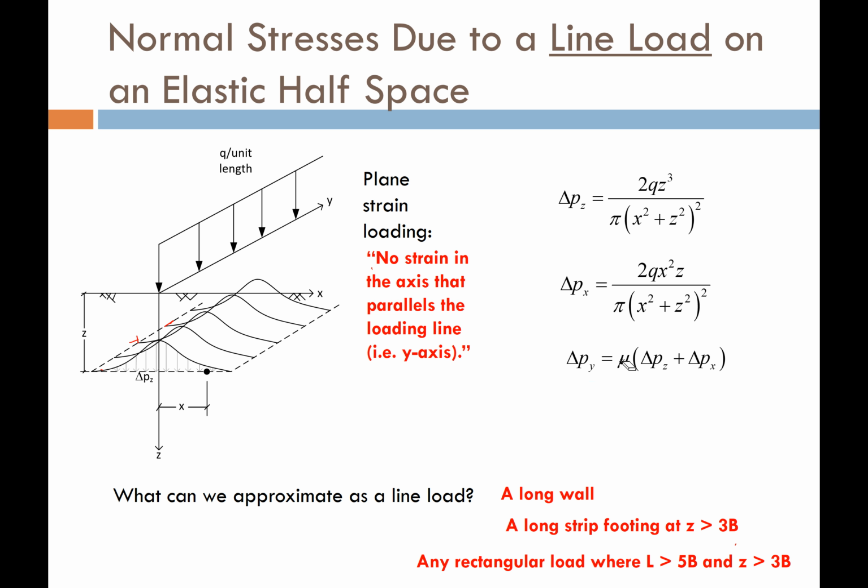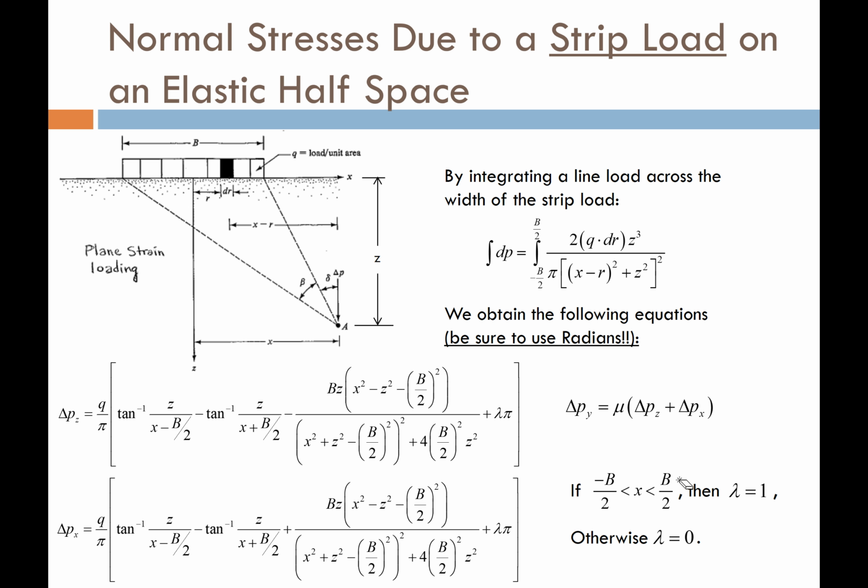But what if I have a load that doesn't meet any of these assumptions here? And it doesn't meet the assumptions of a point load. Well, then we got a problem. Not really, but it just is going to make our solution more complicated, because now we're going to use a Boussinesq solution for what's called a strip load.